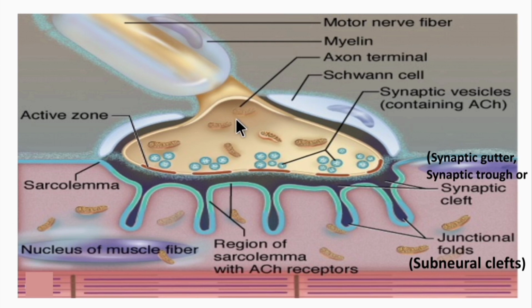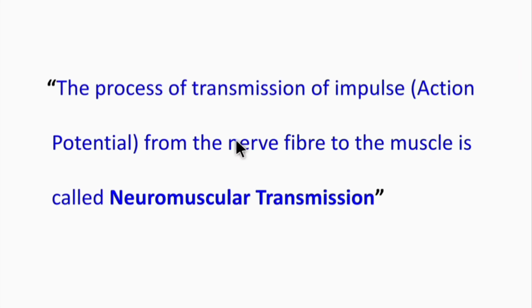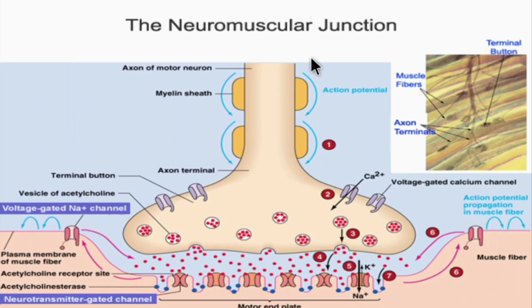Now, let us see how neuromuscular transmission takes place at this site. Neuromuscular transmission, by definition, is the process of transmission of a nerve impulse or action potential from the nerve fiber to the muscle fiber. This is another view of the neuromuscular junction, and in this I will explain how neuromuscular transmission takes place.